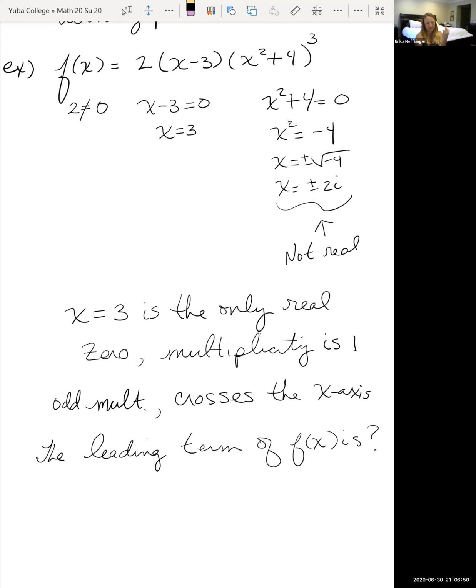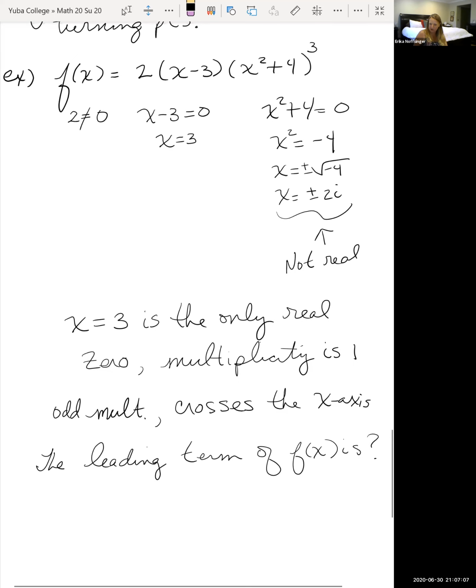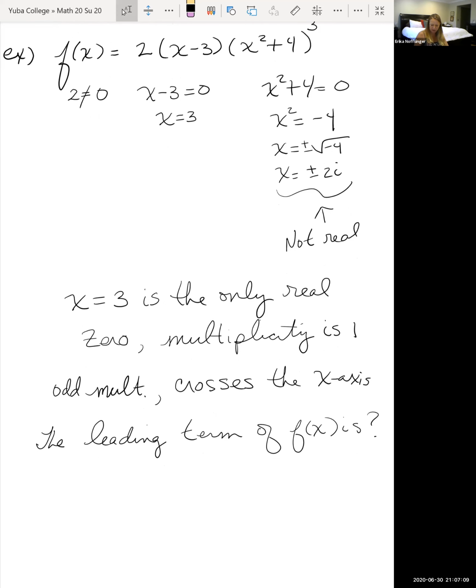And x to the 6th times this x is x to the 7th, times this 2 here. So the leading term, if you went through all the work and distributed that out and combined like terms, which we don't want to do, you would get 2x to the 7th power.